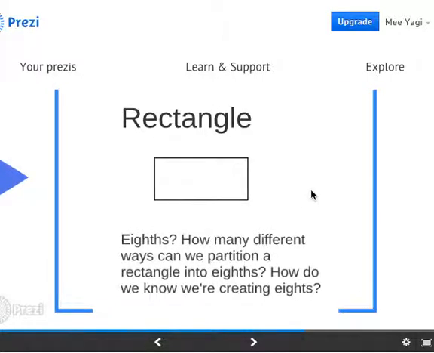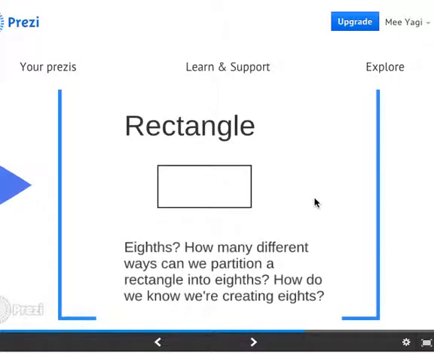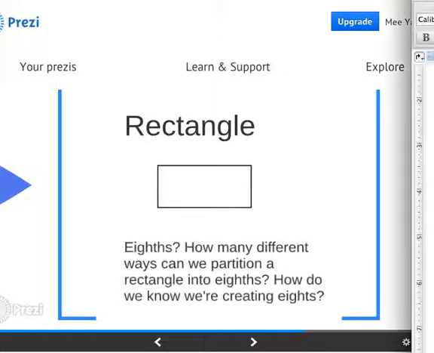If we wanted to create eighths, right? 8 equal parts. We want to think about how many different ways can we partition a rectangle into eighths. And how do we know that we're creating eighths, right? So that's important to consider when we are partitioning any sort of shape equally and whenever we are thinking about fractions, because fractions are dependent on creating equal parts.